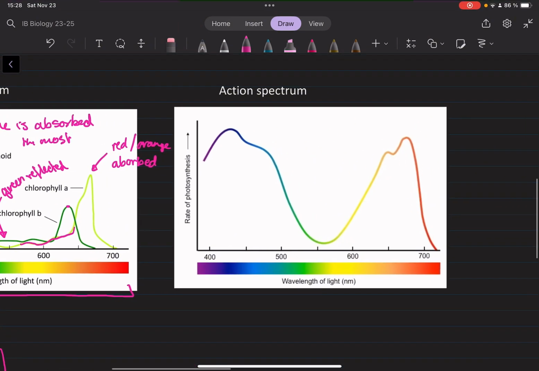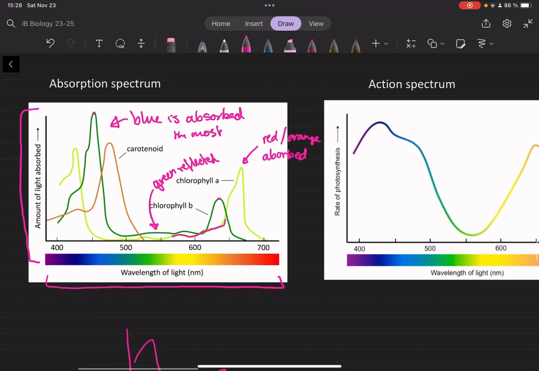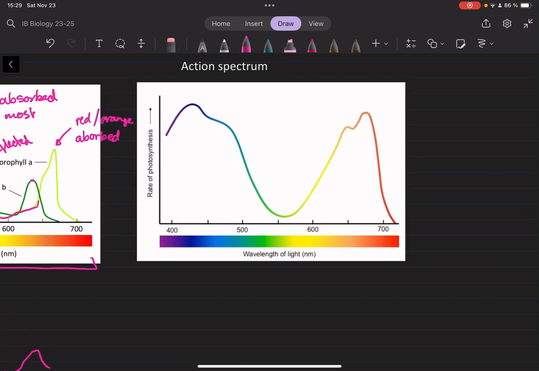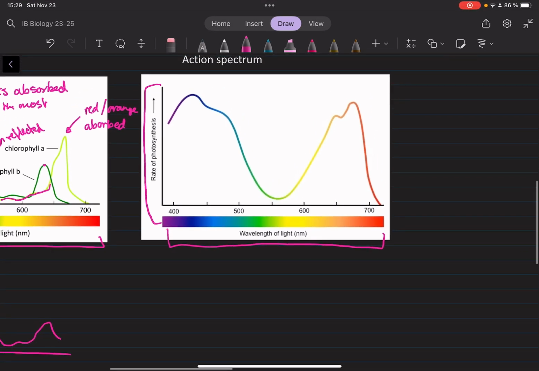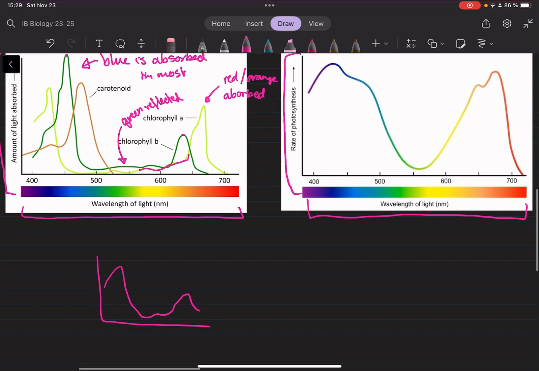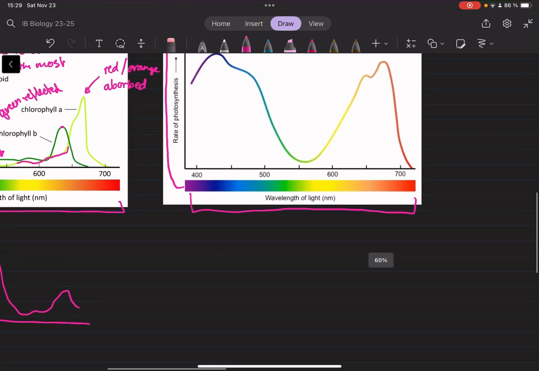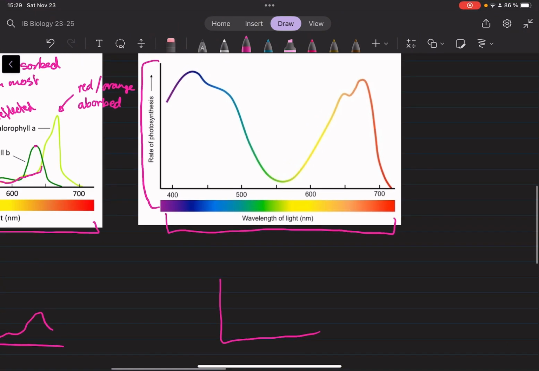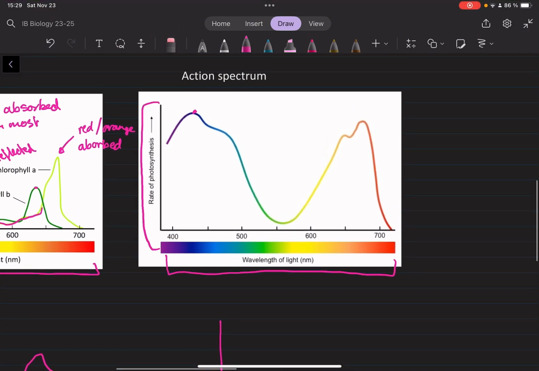Now the action spectrum, instead of showing how much light is absorbed, tells you the rate of photosynthesis compared to the wavelength of the light. So the x-axis stays the same, but the y-axis changes. And just like the absorption spectrum, you don't have to memorize what the different bumps are, but just know that the first one is higher than the second one.